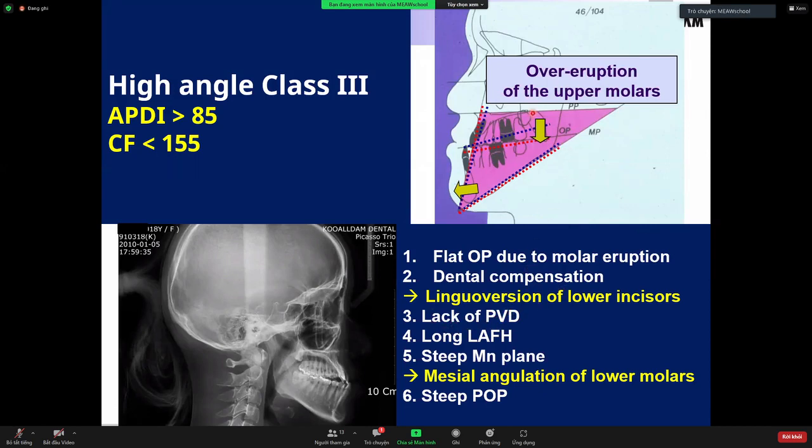And lack of posterior vertical dimension, long lower anterior facial height, and steep mandibular plane. We can also see mesial angulation of the lower molars. In some patients you can see a steep POP.